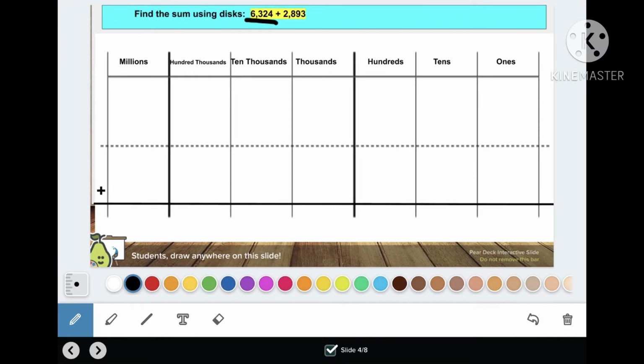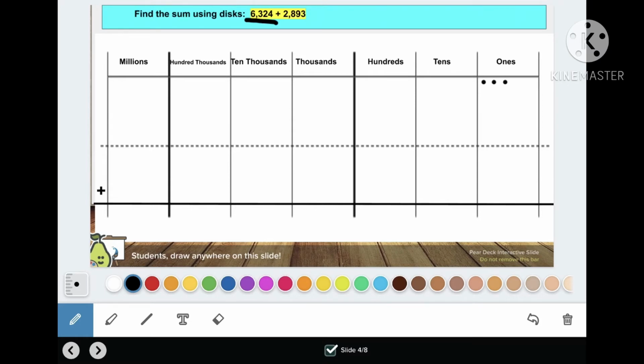Good job. That's right, my ones place. So now, looking at my first number, what number is in the ones place? Good job. That's right, 4 is in the ones place. So I'm going to draw 4 discs.